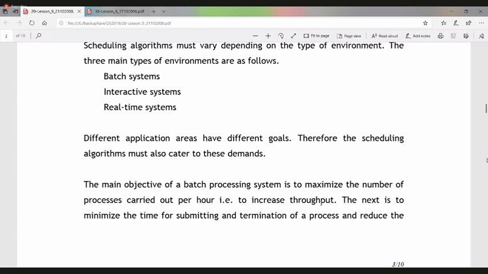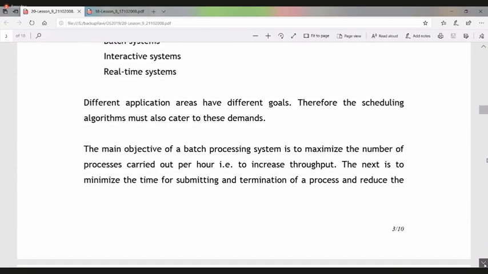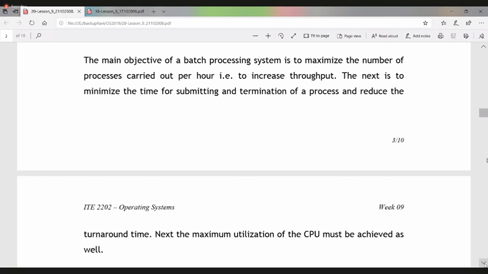To increase throughput, the goal is to make it faster. The next is to minimize the time between submission and termination of the process, and reduce the turnaround time. Next, the maximum utilization of the CPU must be achieved as well. So these are goals of batch processing.